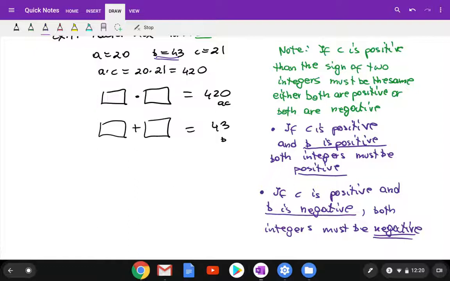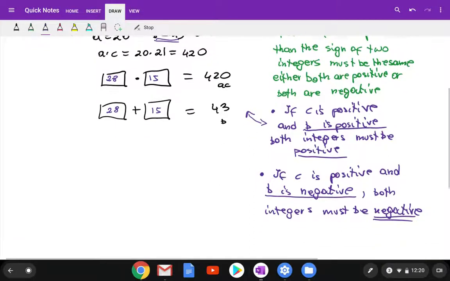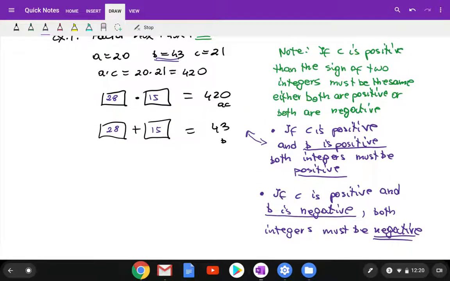So what we know is that both integers which we need to find have to be positive. Okay, so what's going to work? Let's think about it. 28 and 15. 28 times 15 is 420, and 28 plus 15 will give you 43. Okay, so the rest is the same. So there's nothing really new in this section.